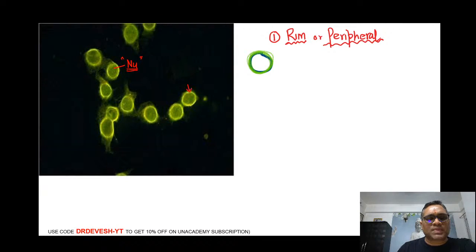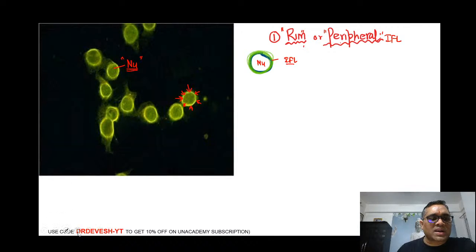Now in this particular case, you can see there is a bright yellow green color at the peripheral margins only, right? So that is why it is called RIM, because they are like a rim, or also called the peripheral type of immunofluorescence. So this is the nucleus, and this is the bright immunofluorescence, peripheral or RIM.